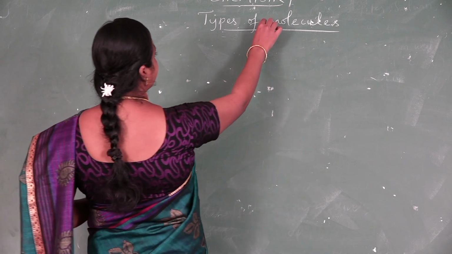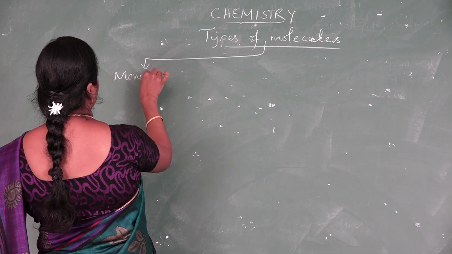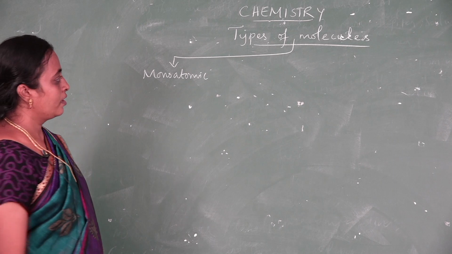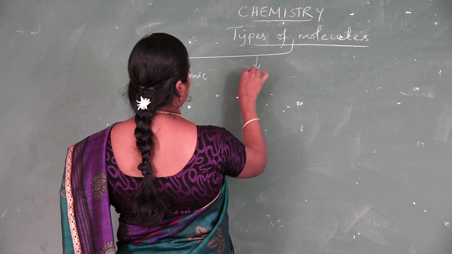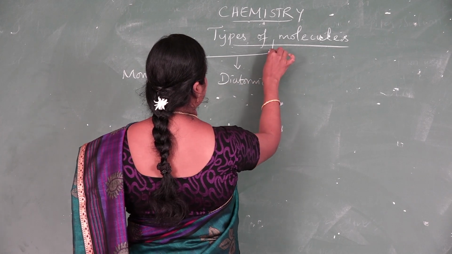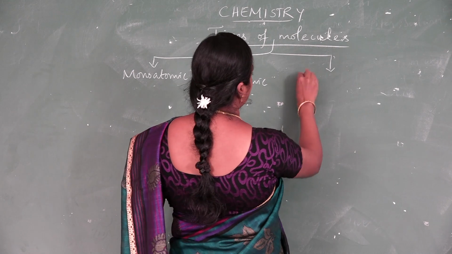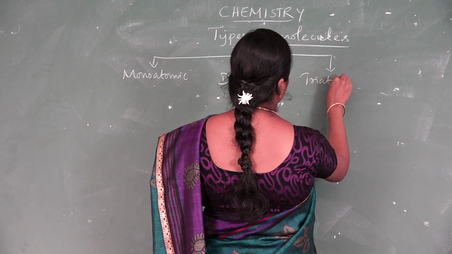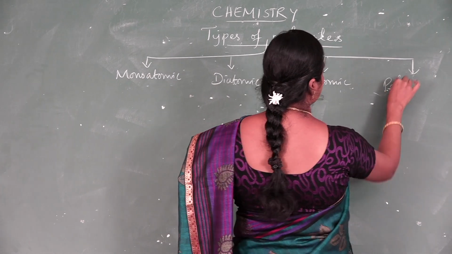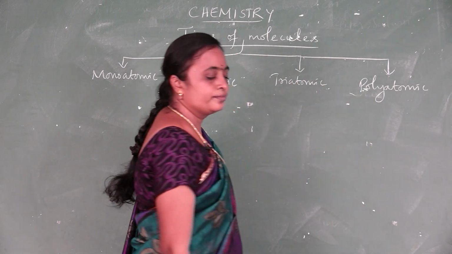One is monoatomic molecule and second one diatomic molecule, and third one triatomic molecule, and fourth is polyatomic molecule.